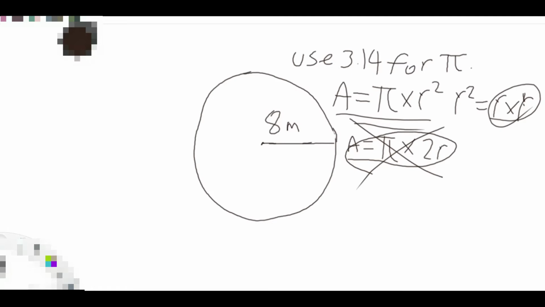And let's solve first. So the radius is half the diameter. Radius is half the diameter.